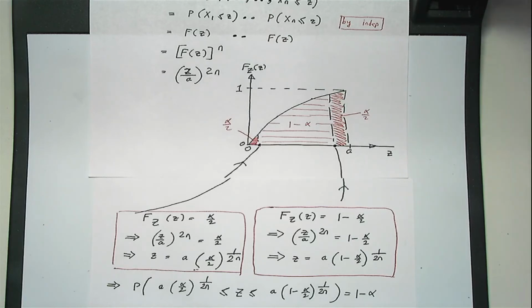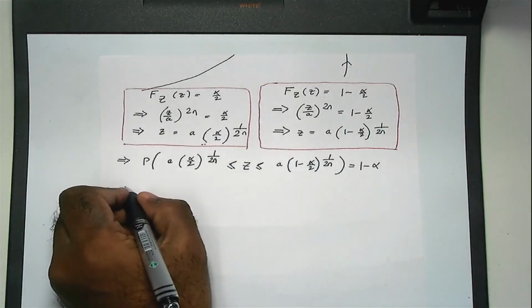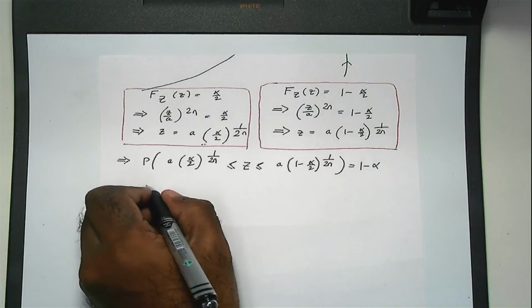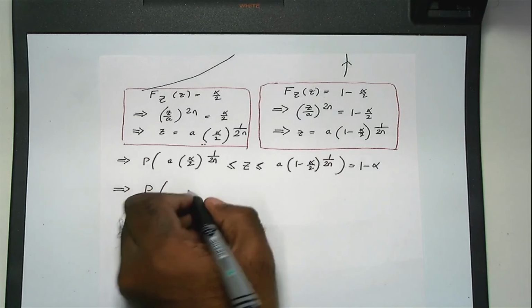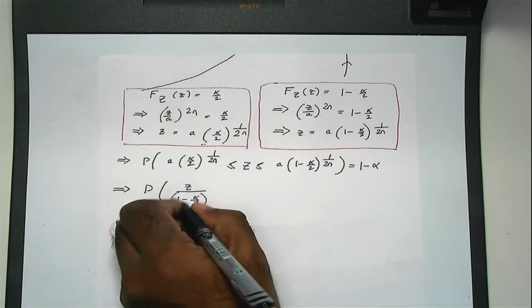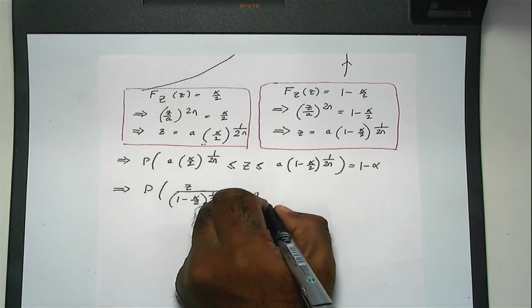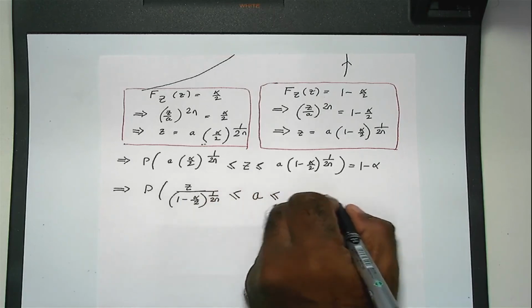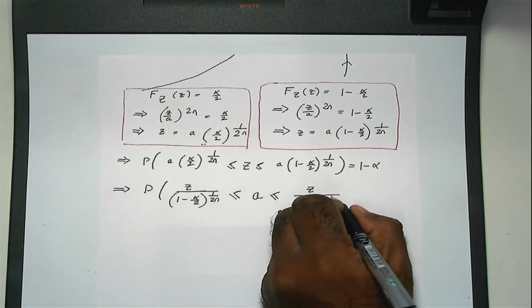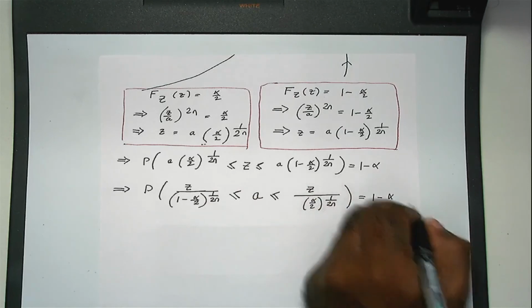So this implies that the probability that Z divided by, so as a statement on A, right?